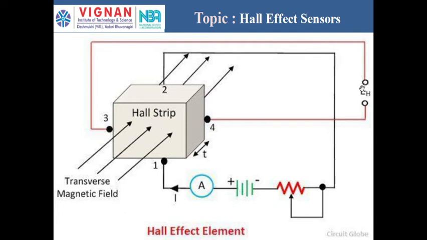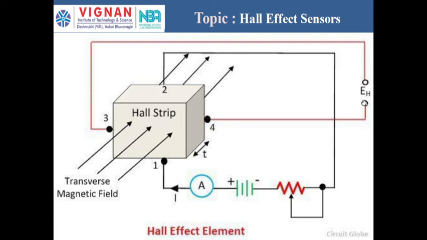So simply we can say that the principle of working of this Hall effect transducer is that if a strip of conducting material carries a current in the presence of a transverse magnetic field, a difference of potential is produced between the opposite edges of the conductor.